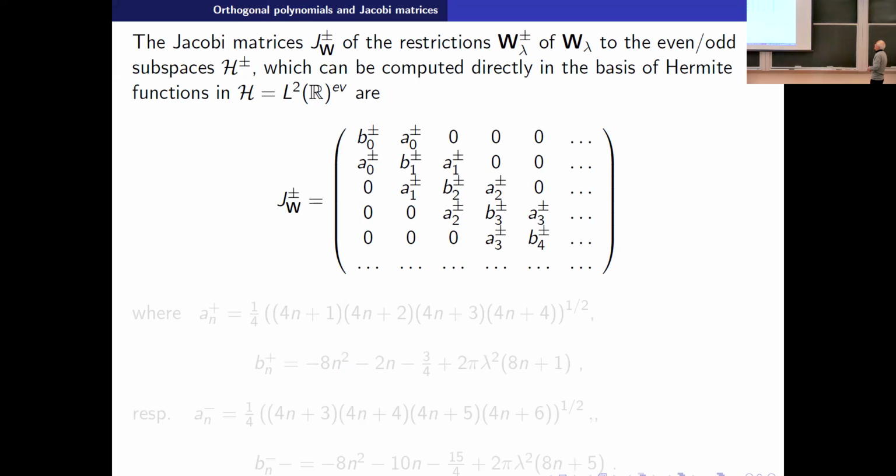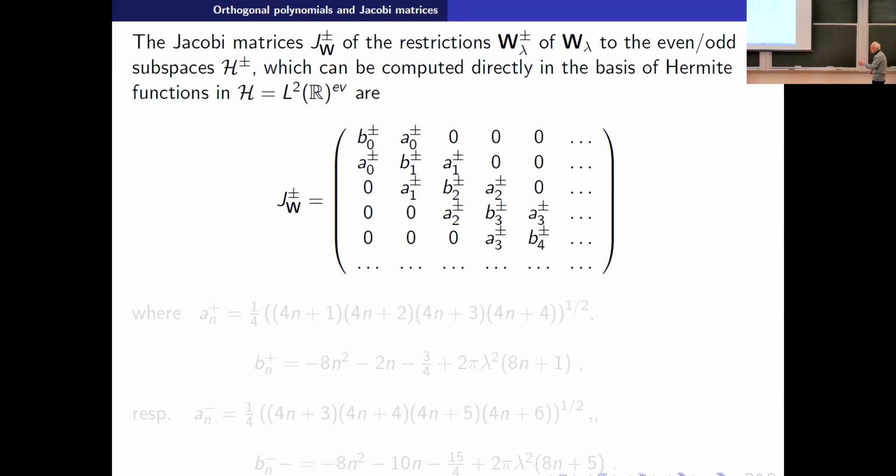Now the Jacobi matrix for W lambda has two restrictions to be a Jacobi matrix. You have to restrict to the even part and the odd part. In each of them, it is a Jacobi matrix, because the Jacobi matrix is tridiagonal only.